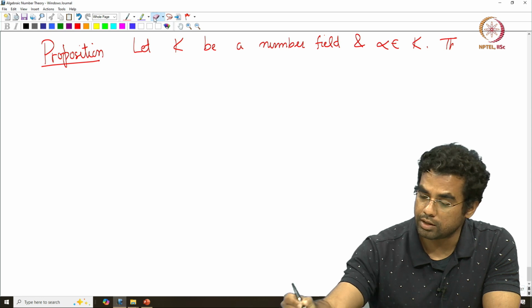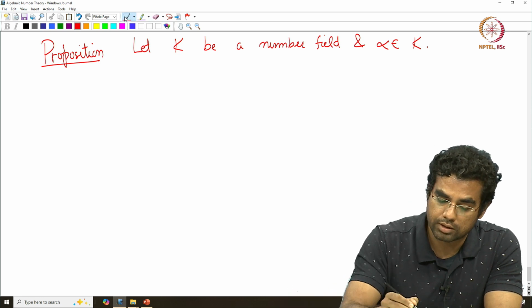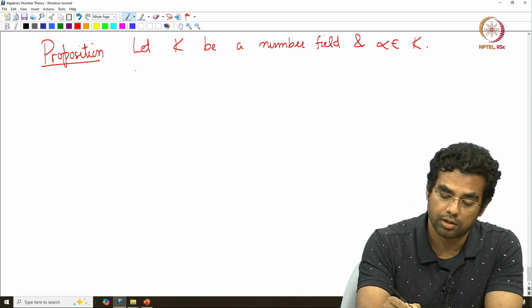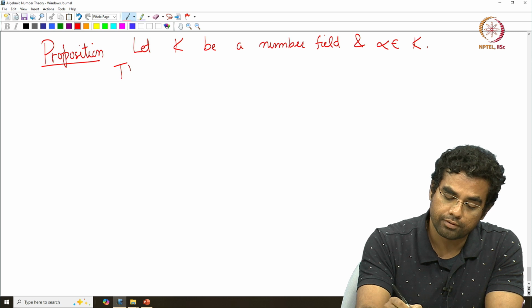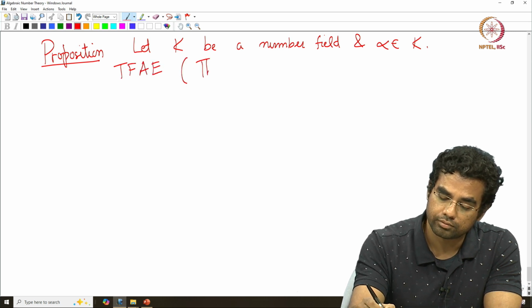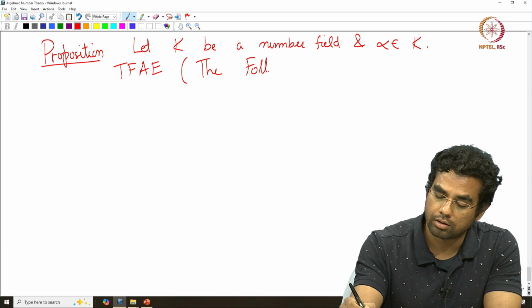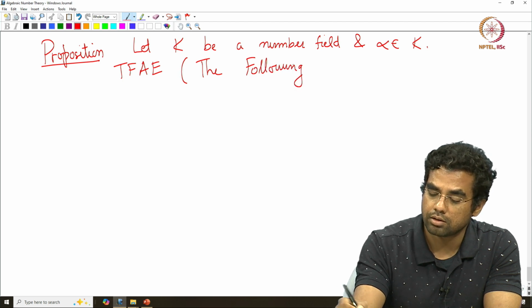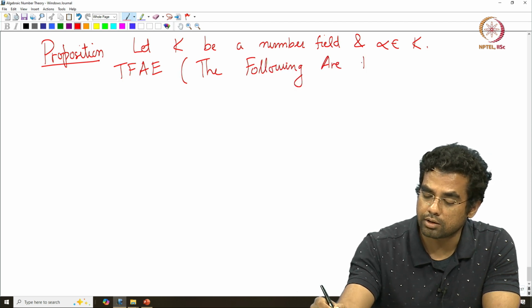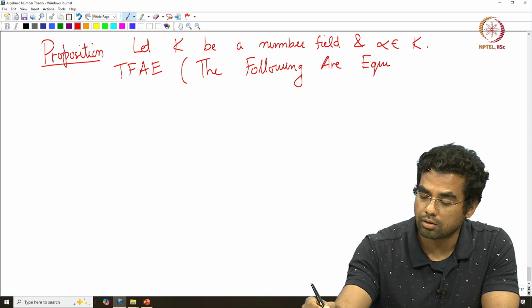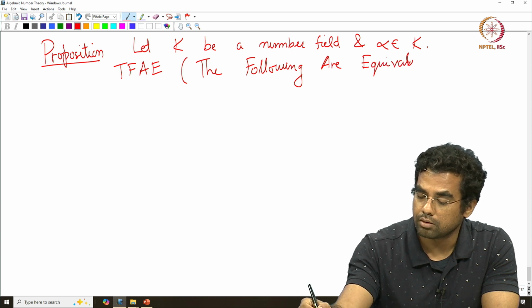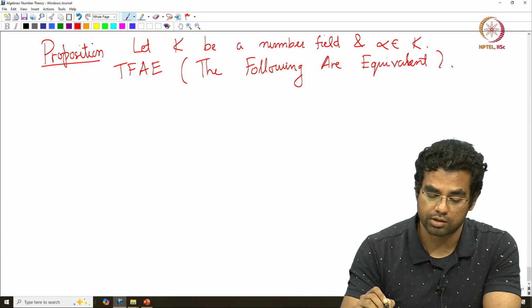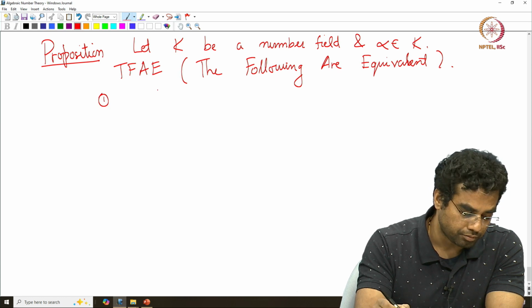Usually I will use the shortcut like this, but since this is the first time, let me write it out. The following statements are equivalent. This is a standard abbreviation that is often used.